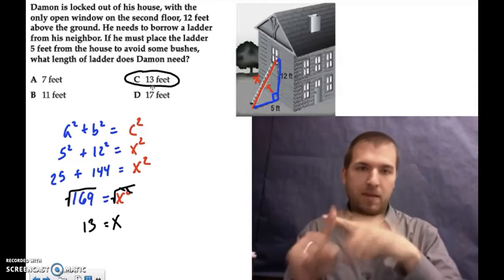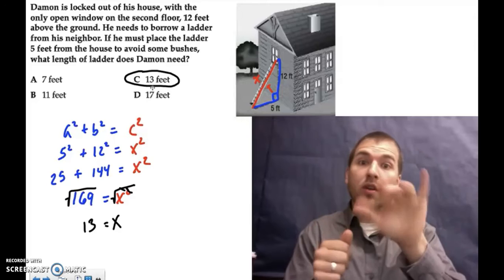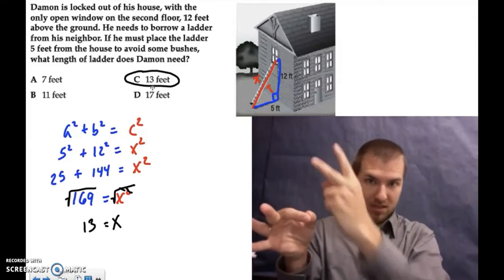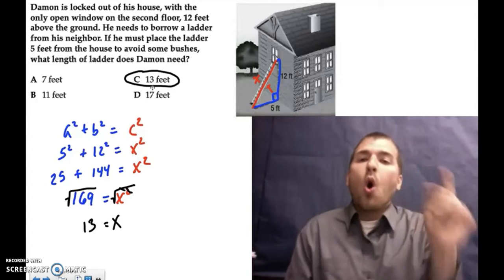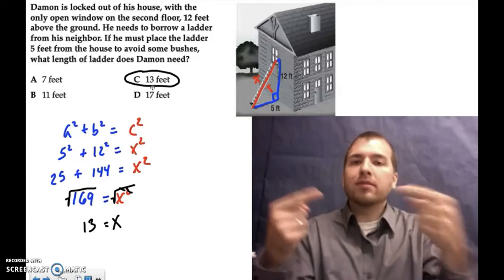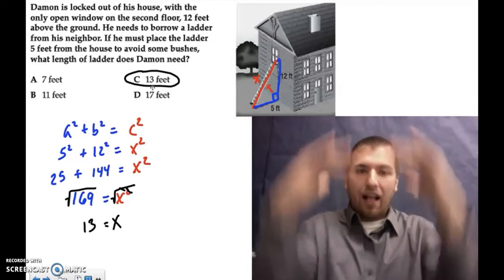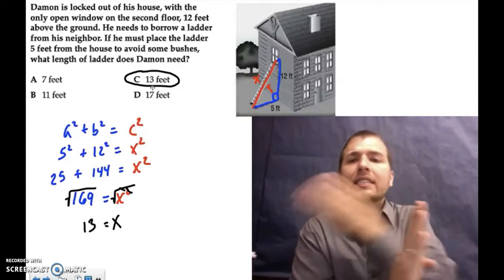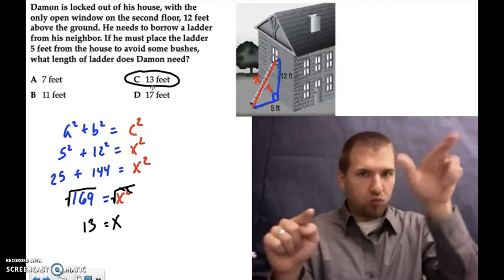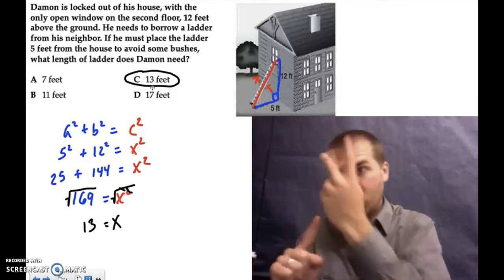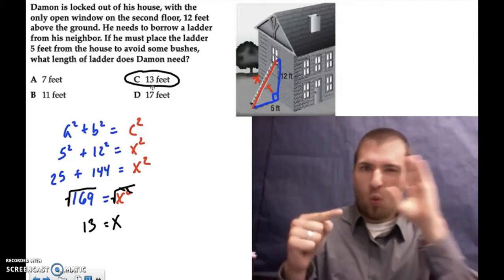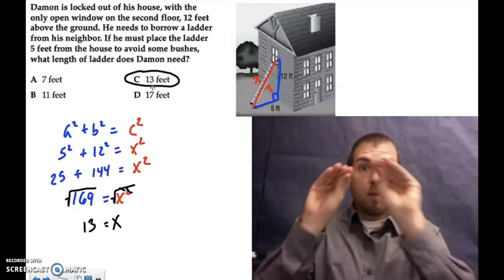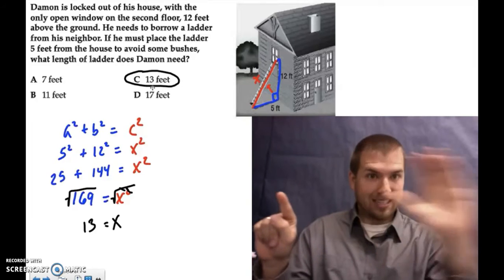So that's an example of applying the a squared plus b squared equals c squared Pythagorean theorem to a word problem. It always has to have a right triangle, and it's always going to involve you having to do some square rooting, so you need to work on getting comfortable with squaring and square rooting, because you're always going to have to use that in these problems.